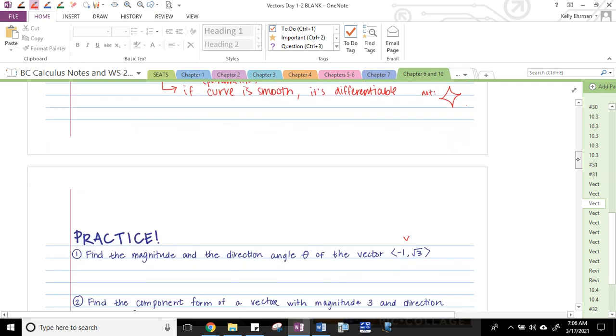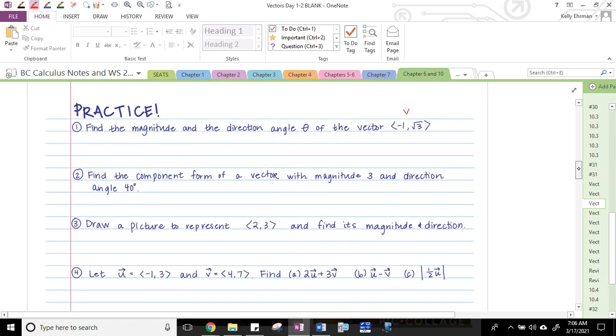All right, let's do some practice examples. Find the magnitude and the direction angle of the vector <-1, square root of 3>. I wanted to call that v, so I could just use that notation.